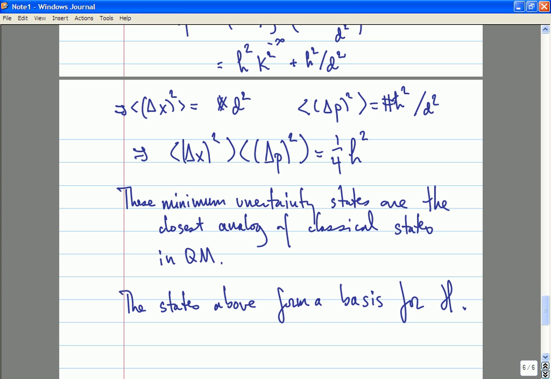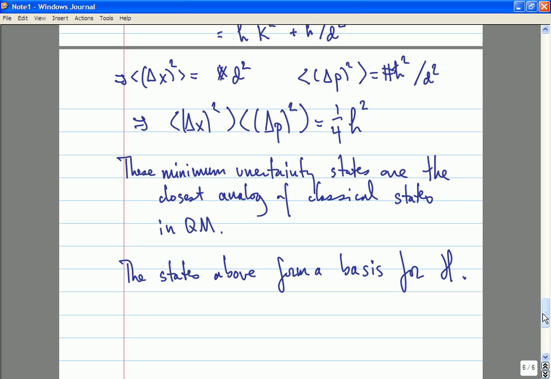Can anyone guess what that subtlety is? The states described above are not the most general form for a coherent state in quantum mechanics. Can anyone guess what the most general form for a coherent state of a one-dimensional system is? Okay, here, this is a fun challenge. Let's see if you're paying attention.